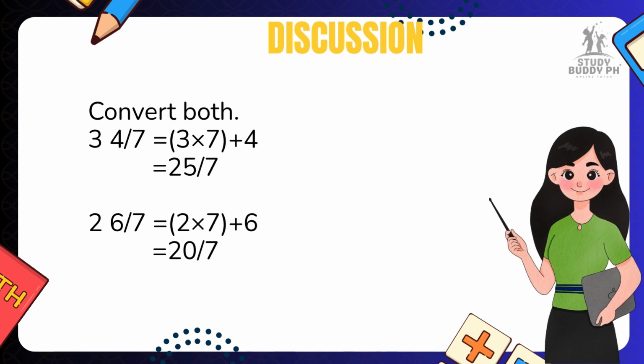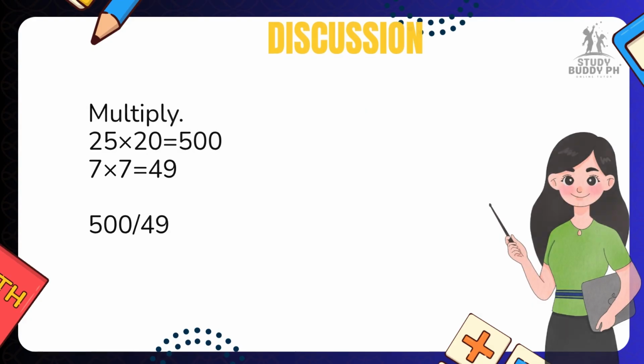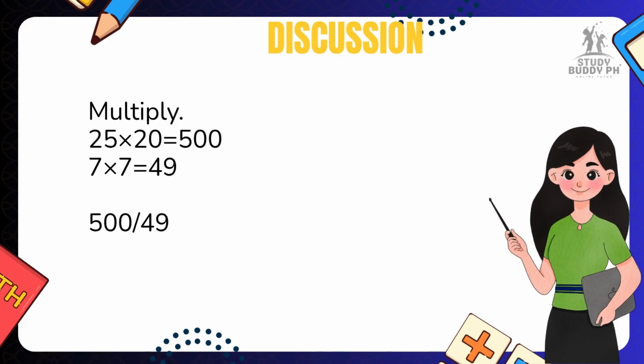Convert both. 3 and 4/7 equals open parenthesis 3 times 7 close parenthesis plus 4 equals 25/7. 2 and 6/7 equals open parenthesis 2 times 7 close parenthesis plus 6 equals 20/7. Multiply. 25 times 20 equals 500. 7 times 7 equals 49. Answer, 500 over 49.